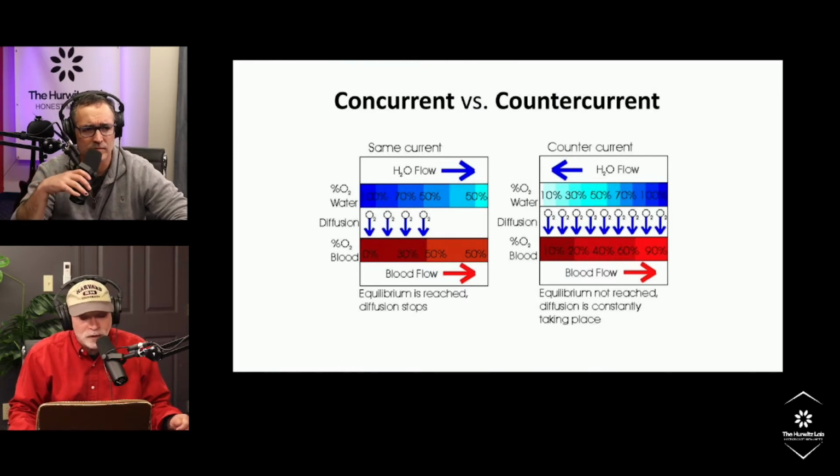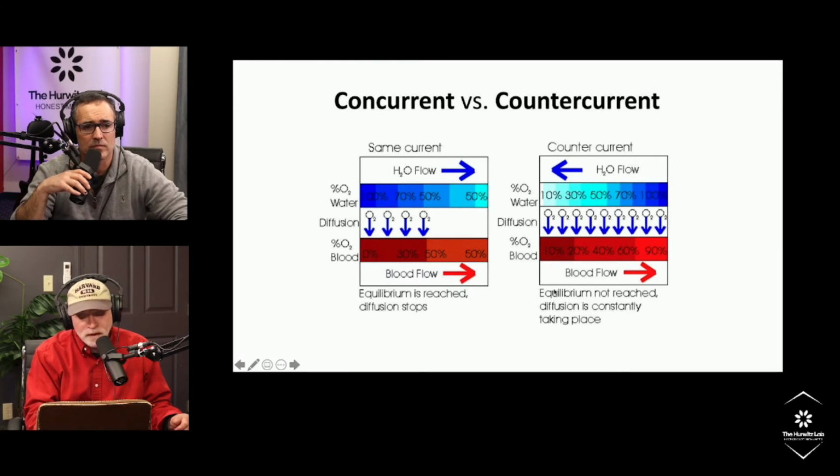On the left is concurrent. In this particular case, it's water flow and blood flow, and you see that by the end of the tube, you've lost 50% of what you started with, but you're only having diffusion part of the way. Once they come into equilibrium, it stops.